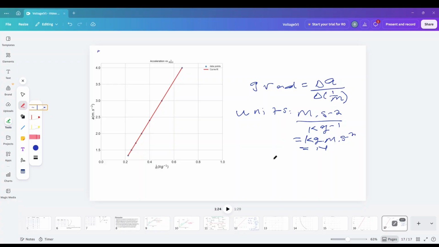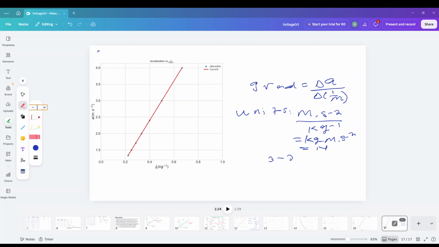So I'm just going to select the points. The mass is 0.5 and the acceleration is 3. So I'm going to have 3 minus, and then I'm going to select the point 0.4 and 2.4.